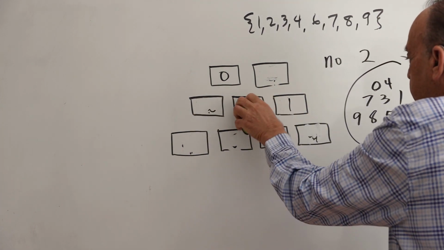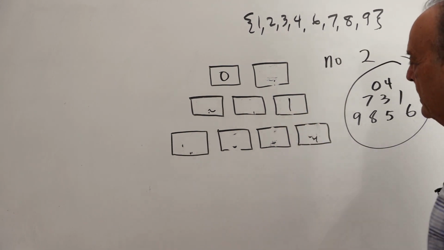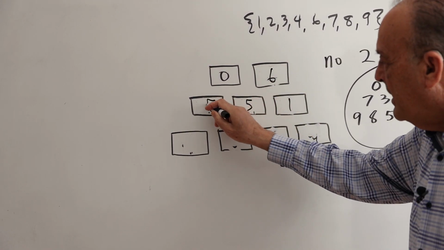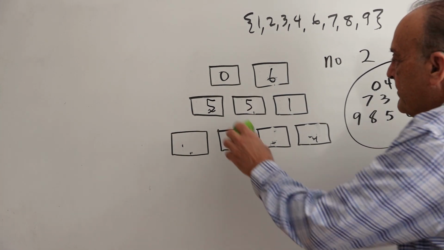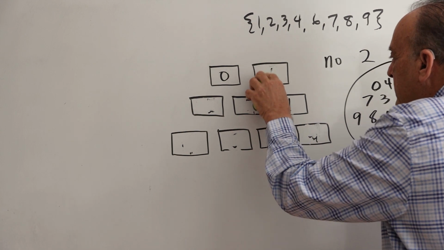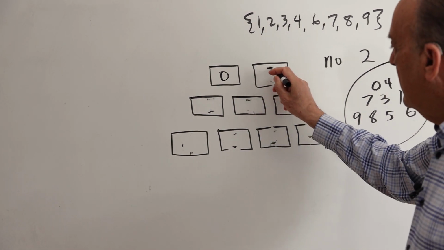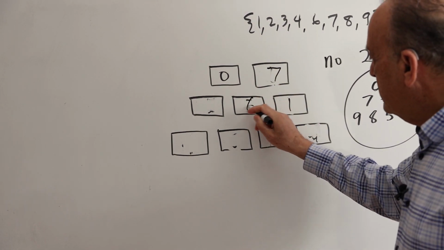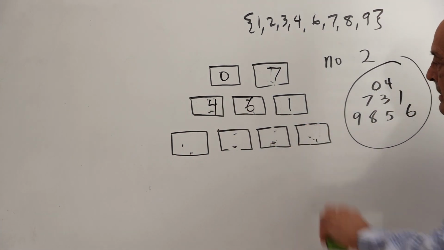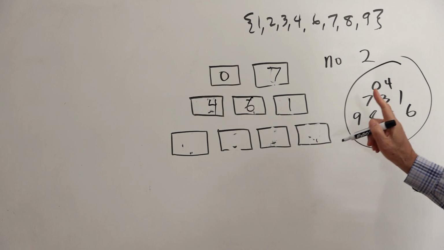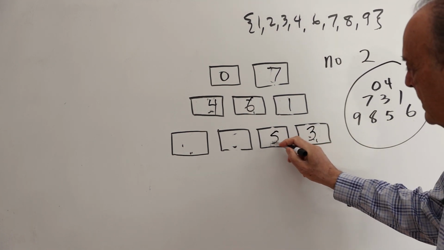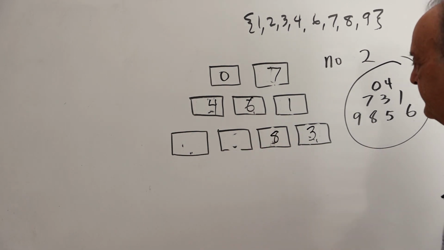Again, we know this is 1, so we don't erase the 1. Let's try 6. That could be 5, but that would also be 5. We can't have 2 5s. So let's try 7. That would make that 6 and make that 4. Then we could try, no 2, we could try 3 and 8, but then we would need another 8.